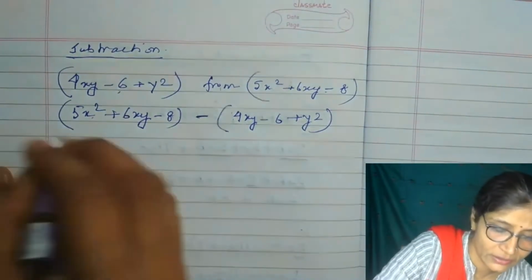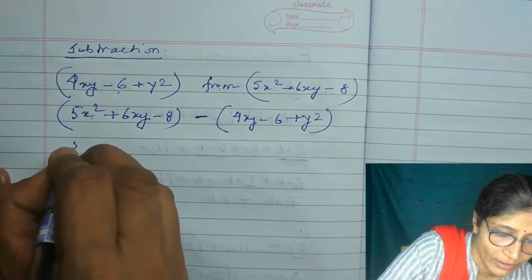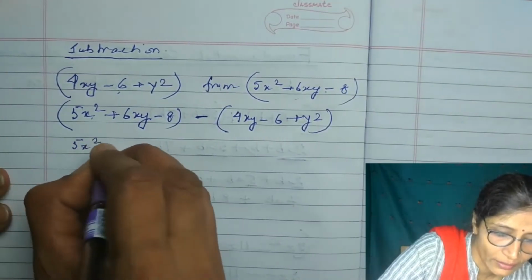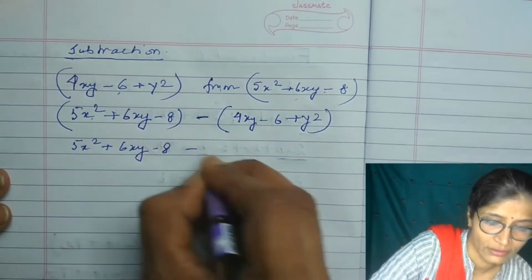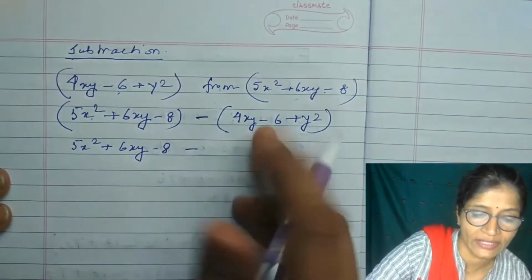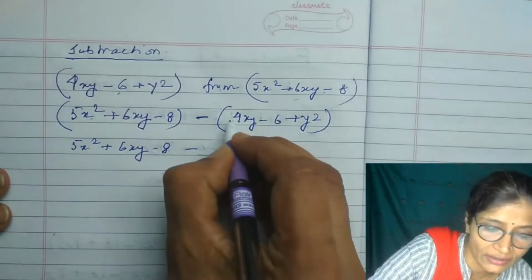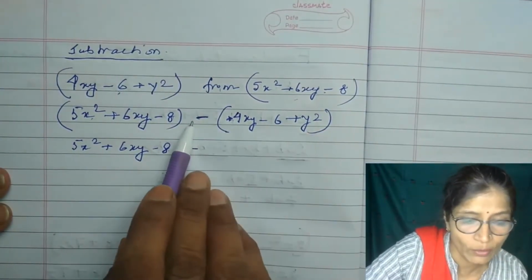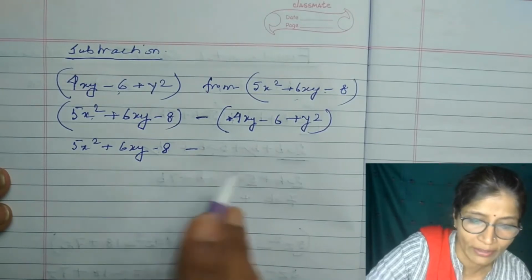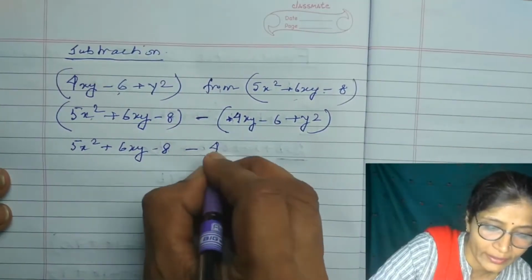Because let us first write this one, 5x square plus 6xy minus 8 minus. Now I will open the bracket, the sign of all these will change. Here, nothing means actually it is plus, and minus plus is minus. So here is a minus sign and this is 4xy.